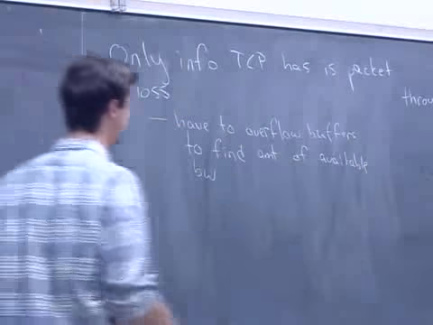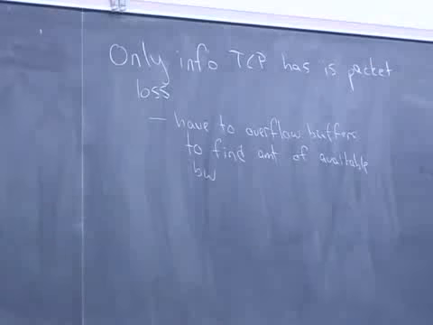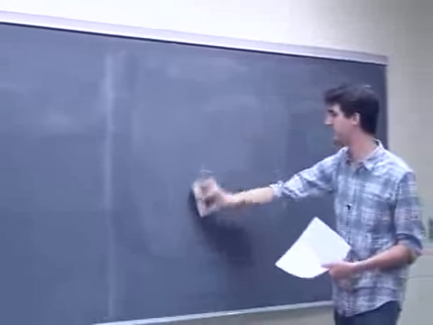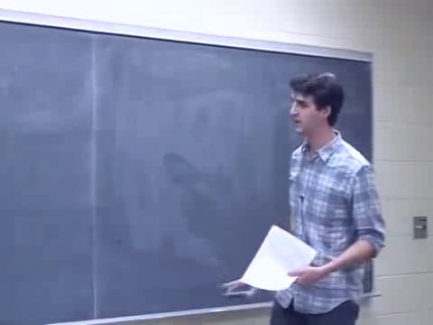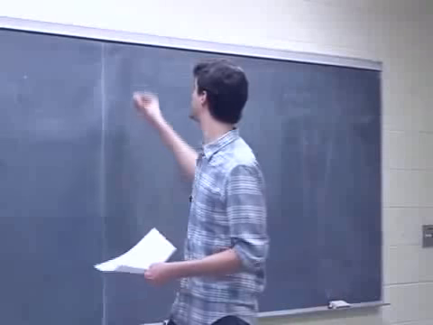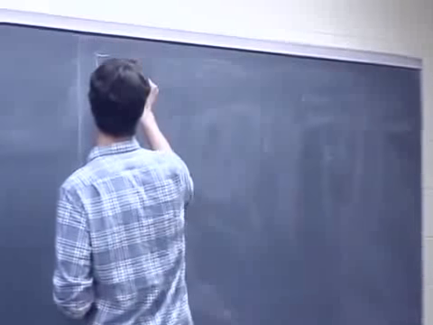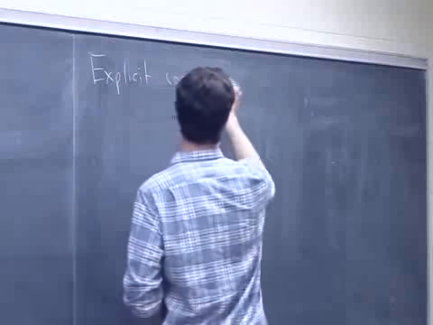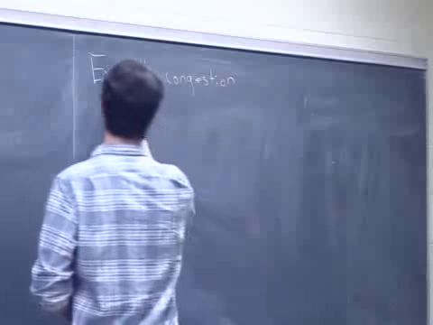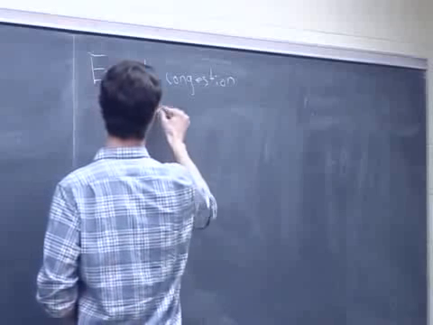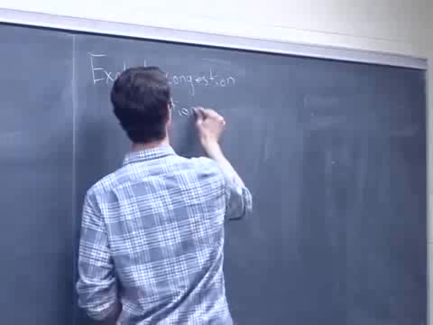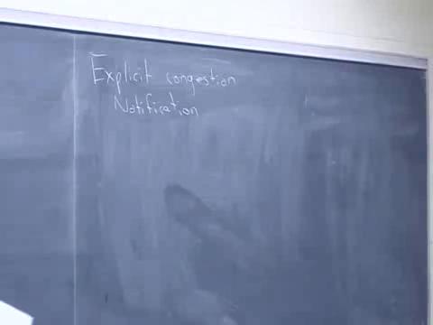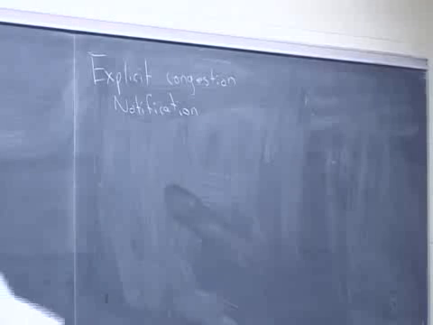If we go back to a week ago, we talked about different methods of flow control. And one thing we talked about was explicit congestion notification. Explicit congestion notification gives us much more information about the state of our network.